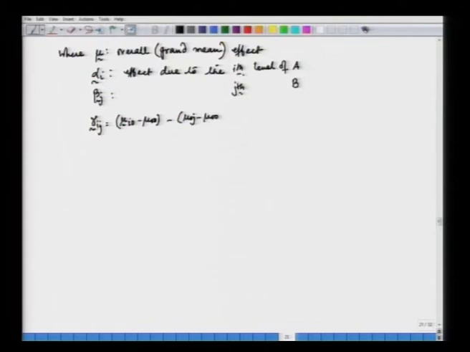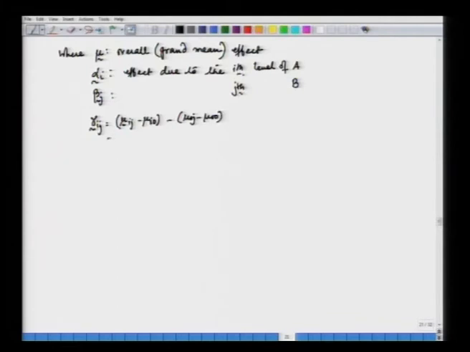Sorry, this is going to be mu ij, the first part. This is not alpha i, what I have written here is alpha i. This is not the first part of gamma ij, it is mu ij minus mu i naught, and then it is mu naught j minus mu naught naught, that is okay.